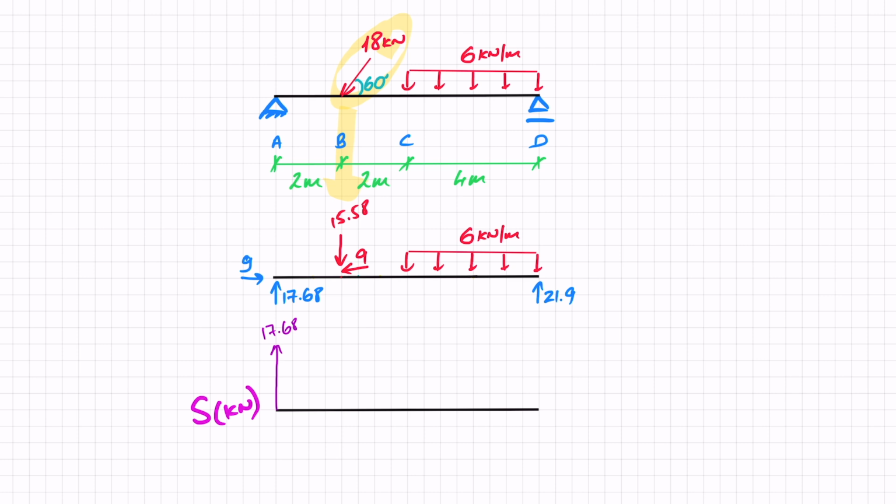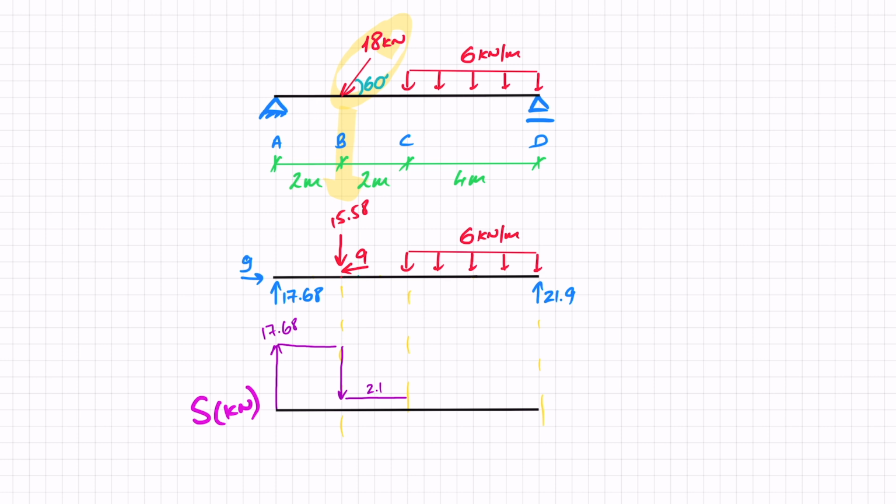So here I'm going to go up by 17.68. I'm just going to continue, right? It's not a UDL. I just continue straight line until I hit this next point of interest, just here, where I have the 15.58. And that means that I need to now go down 15.58. So I'm going to reach 2.1. And I'm going to continue with that 2.1 until I reach the UDL.